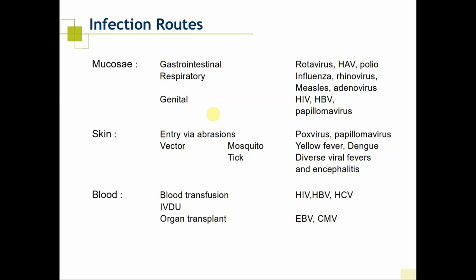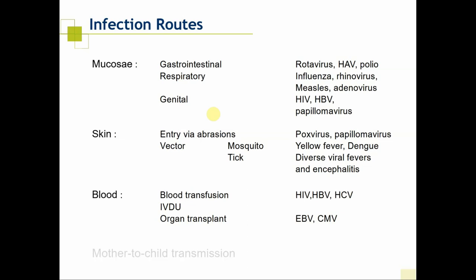Blood can be a source of viral infection. Blood transfusion, intravenous drug use, if you're using injected material and you share it, that can transmit viruses from one person to another. Another one, a bit unusual, organ transplant. If you receive an organ transplant, sometimes you can get viruses, especially these latent viruses that stay somewhere in the infected person.